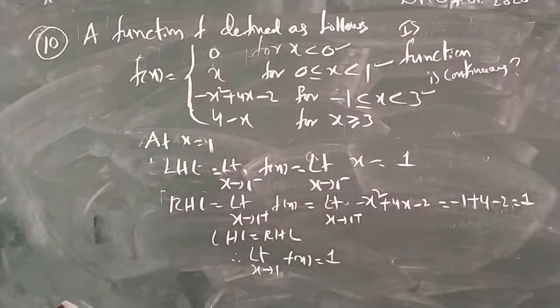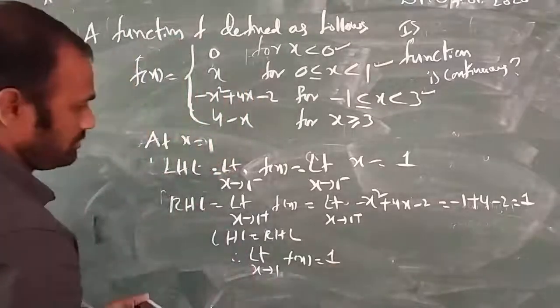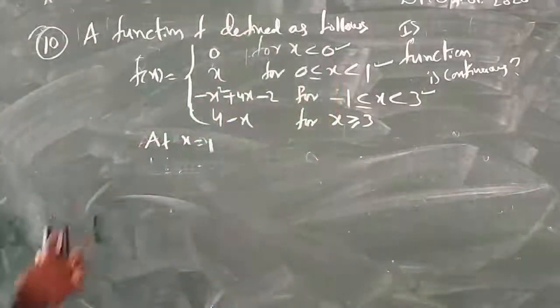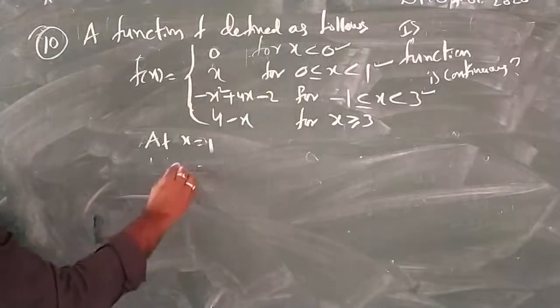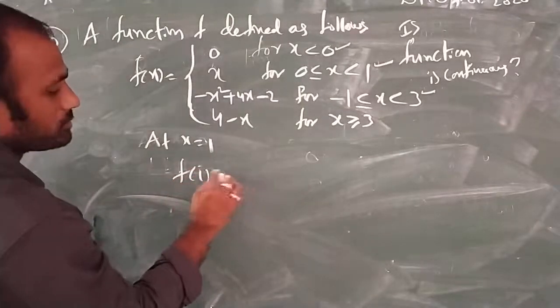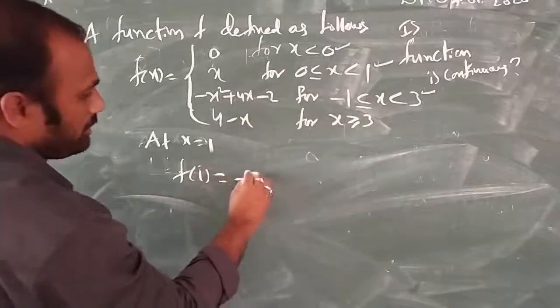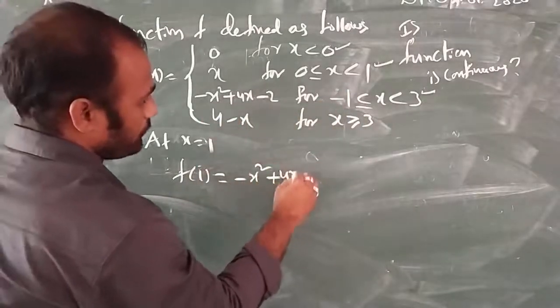So let us take the functional value f of 1. The function at 1 is minus x square plus 4x minus 2.